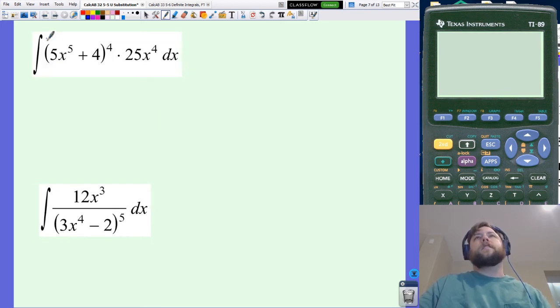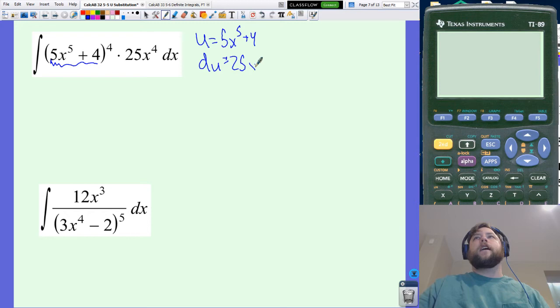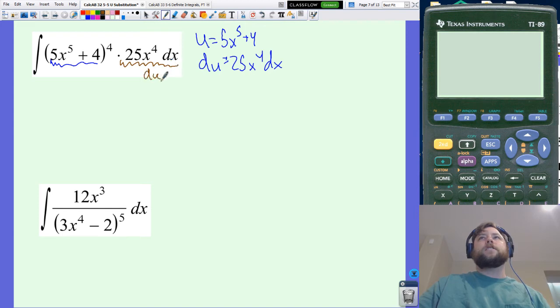So let's just do an example. What's my u going to be in this case? Well, a good guess is probably this thing. So I'm going to say u equals 5x to the 5th plus 4. The derivative of u is going to be 25x to the 4th dx. And the nice thing is I have a 25x to the 4th dx. So that's just my du, and this will be my u.